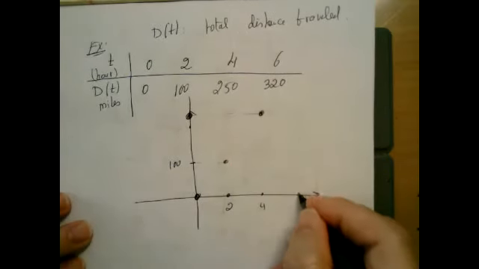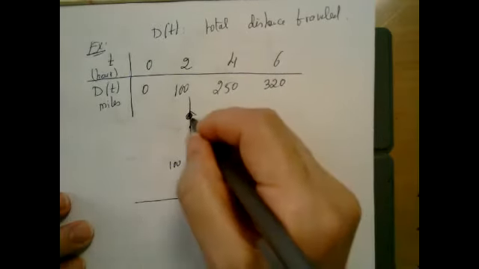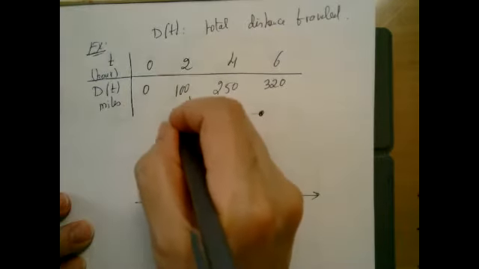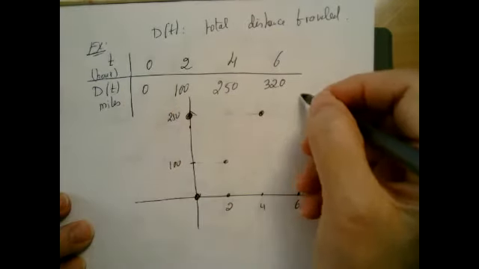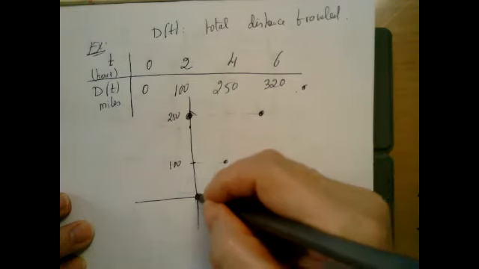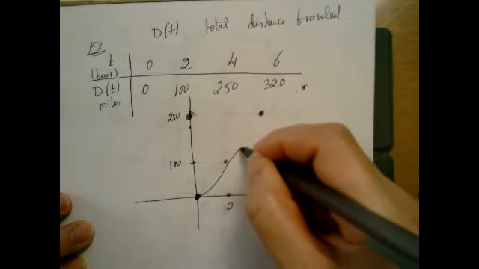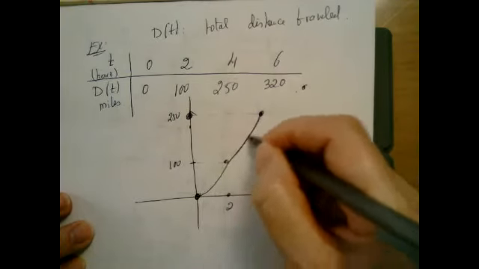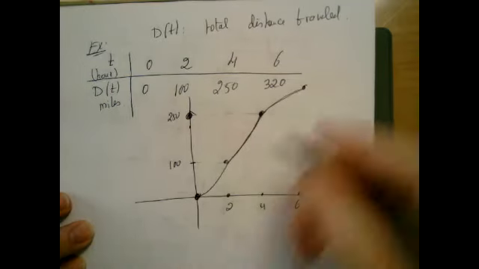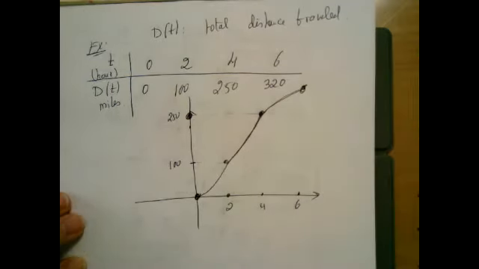And at 6, it's 325. So that's 250 here, and 325 should be somewhere in here. So the graph looks like that, it increases and goes like this. Okay, that's how the graph looks.